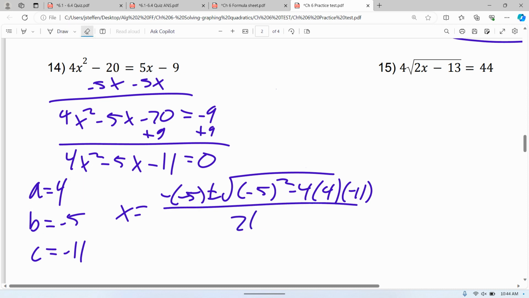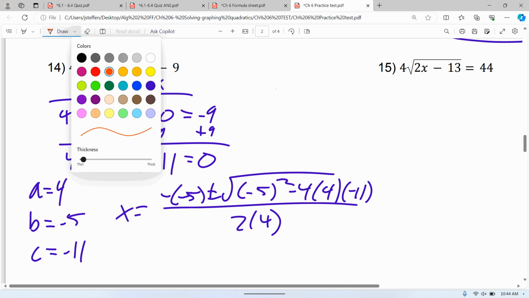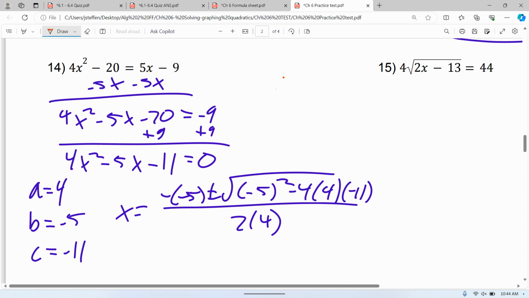Now the biggest problem with this one on the quiz, a lot of people didn't use parentheses for this negative 5, and so that's what made them get the wrong answer. From here, now we can work stuff out. That's positive 5 plus or minus the square root of 8. This one is negative 5 squared. Sorry, parentheses, negative 5 parentheses squared minus 4 parentheses 4 parentheses parentheses negative 11 parentheses. That is 201.